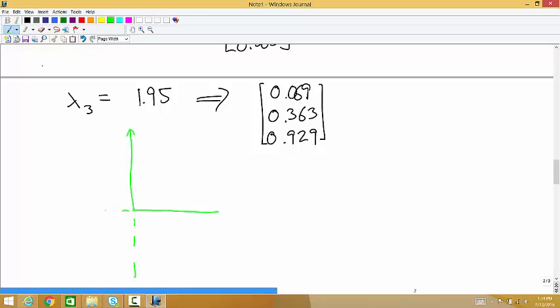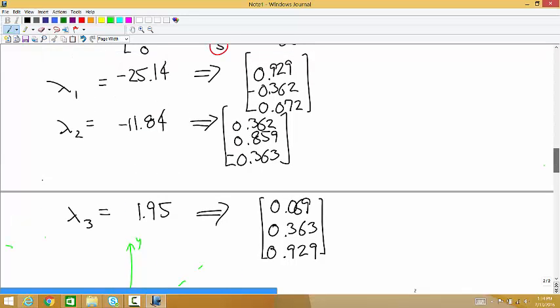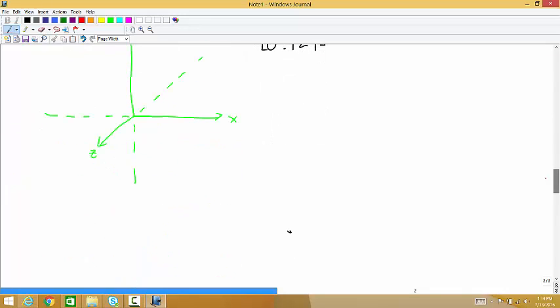So if this is the old one, our new x-axis is mostly in the x direction, but a little in the negative y direction. So it goes out here and then a little bit down this way. That's our new x-axis.